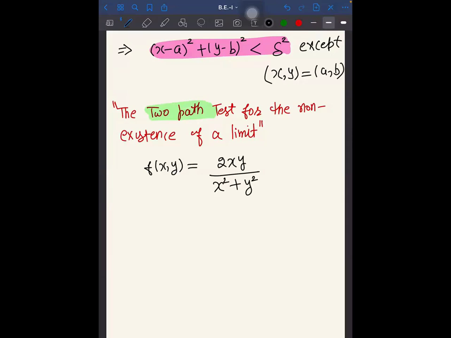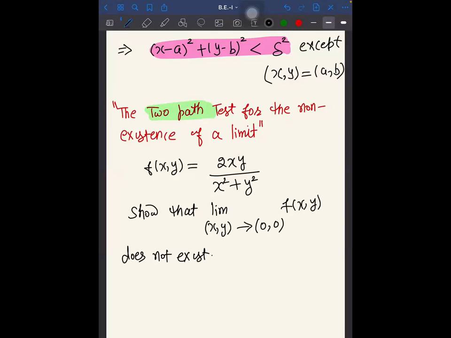So what we want to show is that limit xy approaches to 0 0, f of xy does not exist.